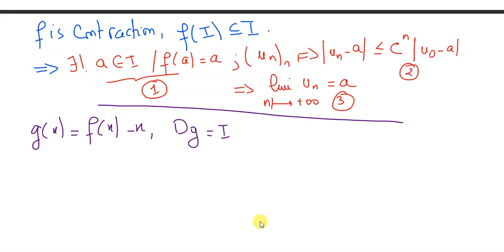If we want to find the fixed point using the function g, we need to find a point A such that g of A is equal to 0. So this is what we want to prove.